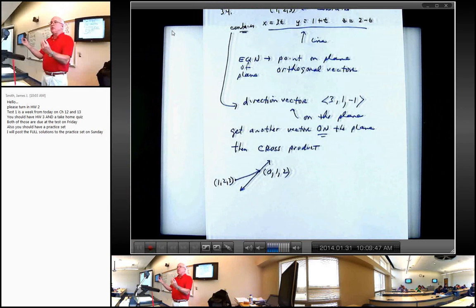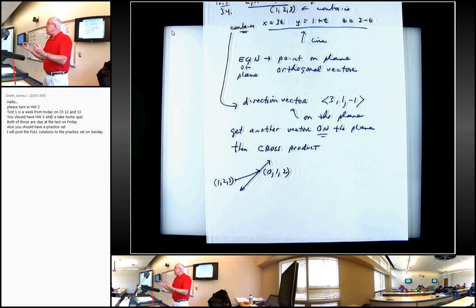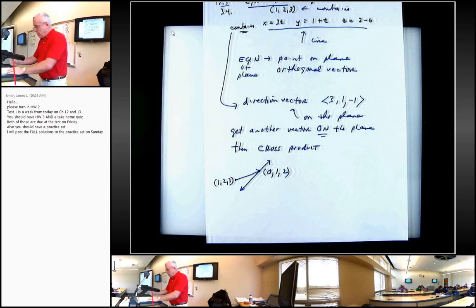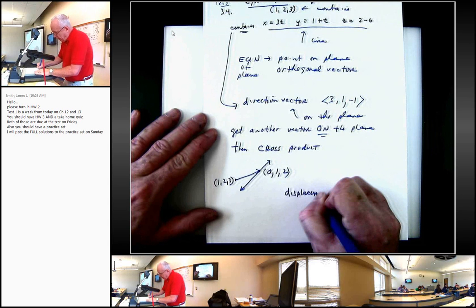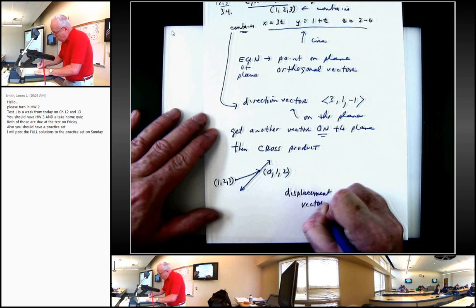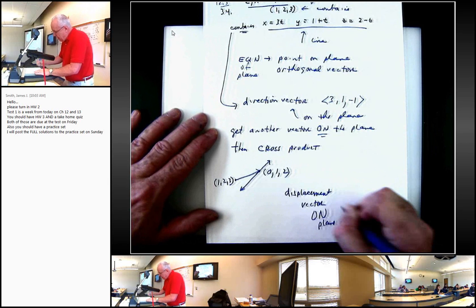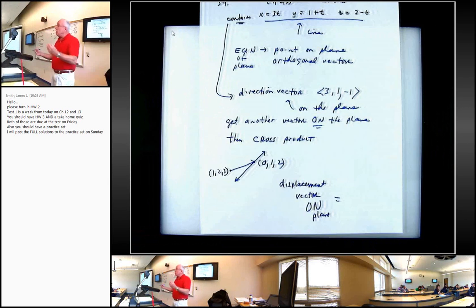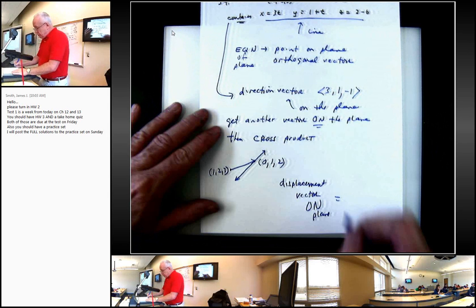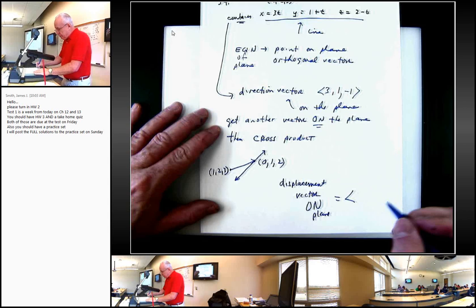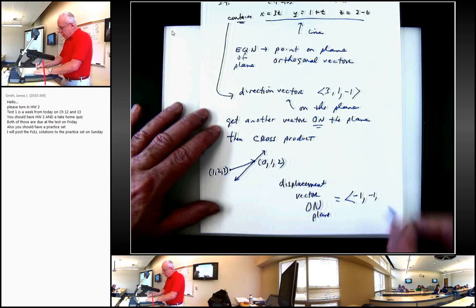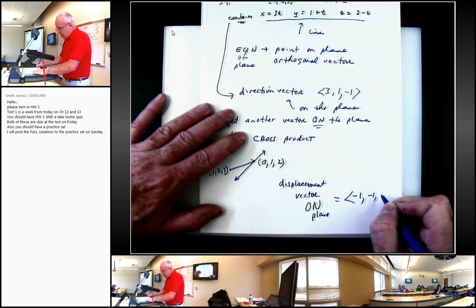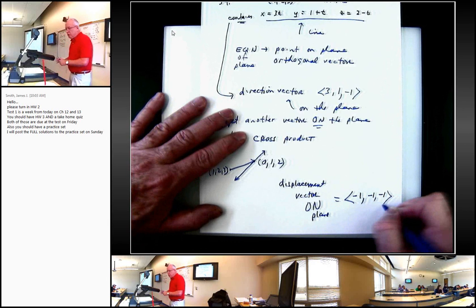So the difference of the two points will give us a displacement vector on the plane. Let's just do the difference of the coordinates, the one vector minus the other. So this will be 0 minus 1, negative 1, 1 minus 2, negative 1, 2 minus 3, negative 1. Okay, I'm doing it the hard way.